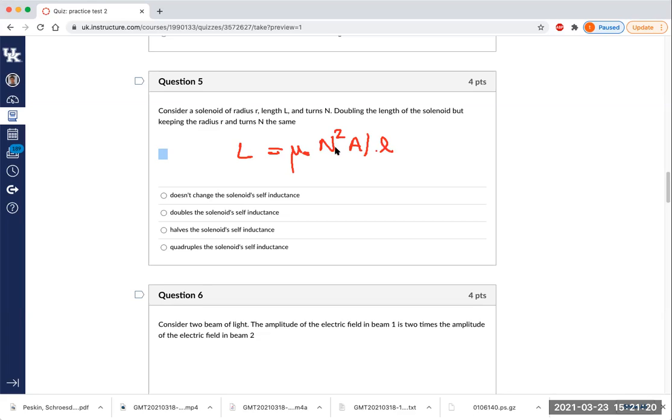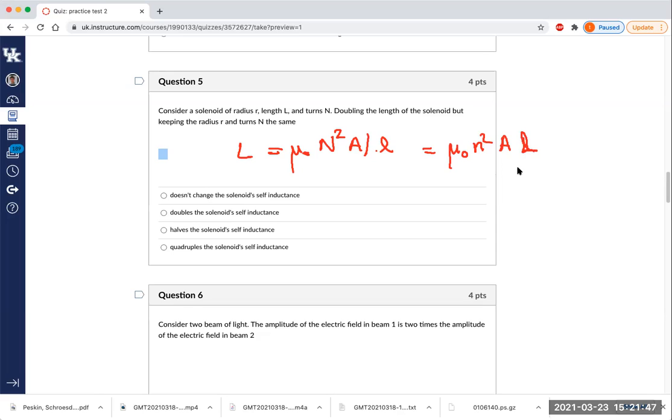Mu naught times the number of turns of the solenoid squared times the cross-sectional area of the solenoid divided by the length of the solenoid. The other way you can write it is this way. This is mu naught times the number of turns per unit length of the solenoid times the area of the solenoid times the length of the solenoid. Let me make that a squiggly L.